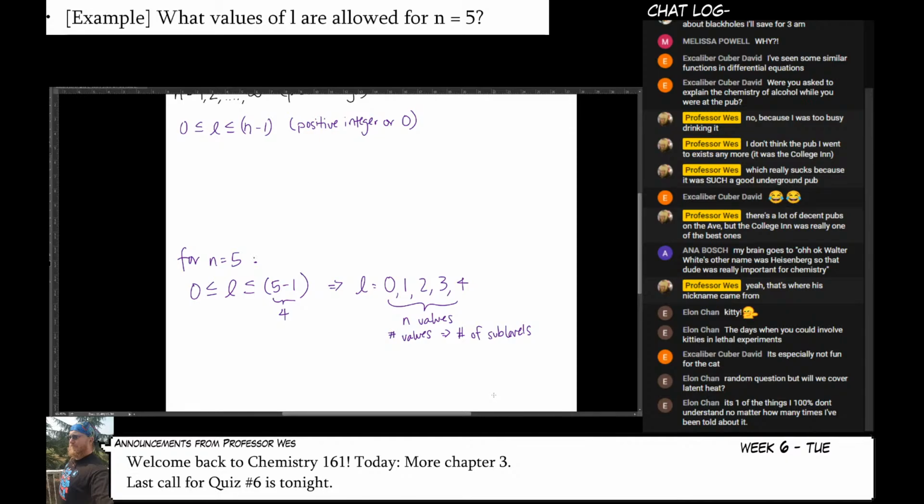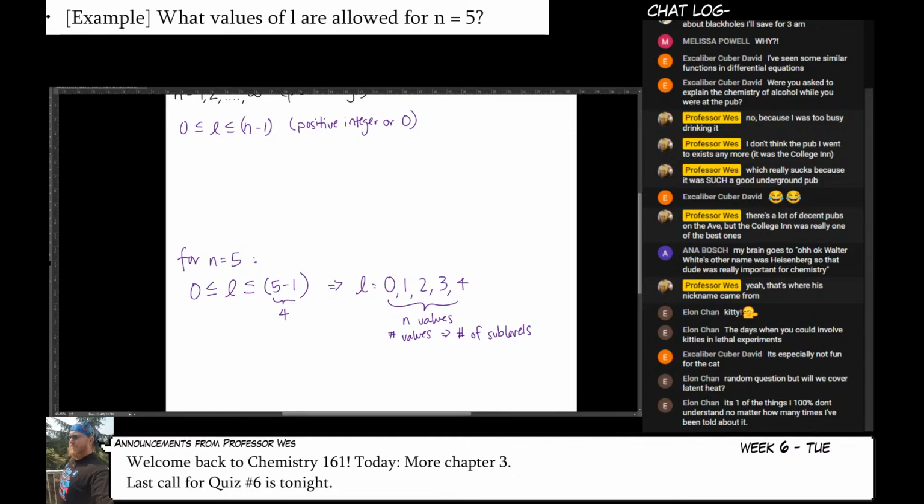Now, we're going to further subdivide each L in just a second here. Or in other words, in our building analogy that I am creating on the fly here, each floor has rooms that can house electrons. Those rooms are the orbitals that we're going to talk about. So these sublevels are just regions of space that contain orbitals.